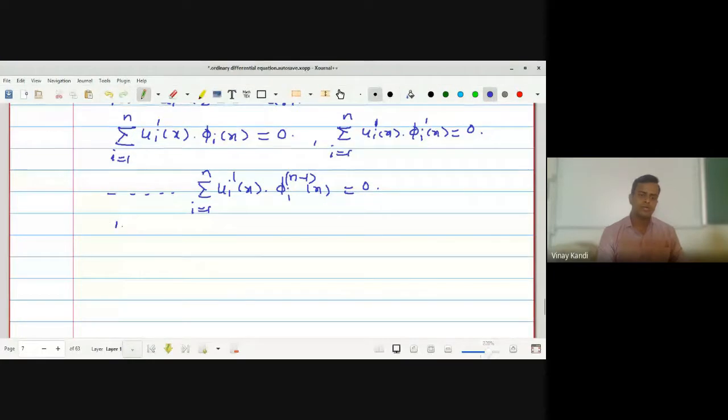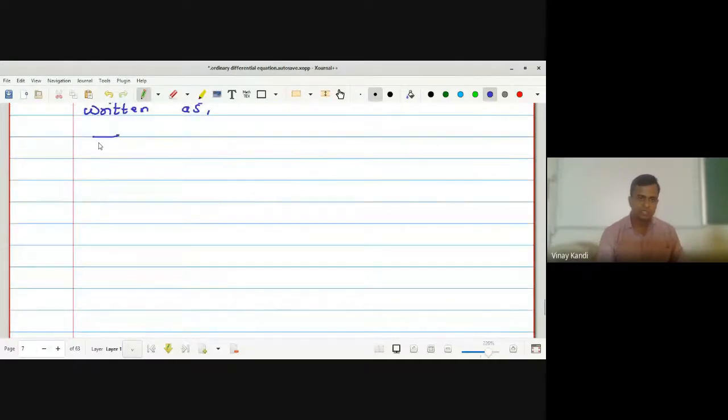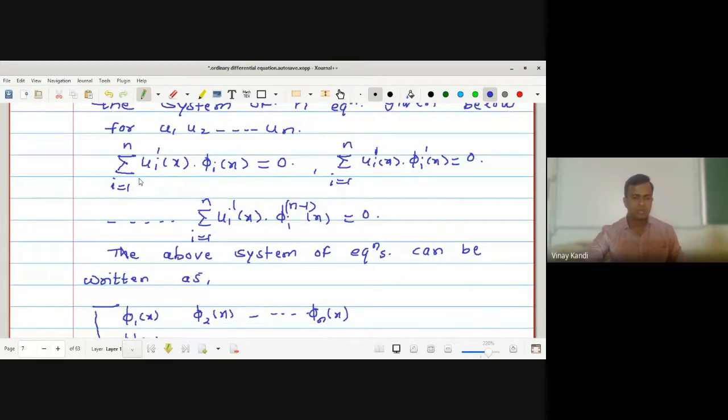Okay, the above system of equations can be written as, now look at here, matrix: phi 1 of x, phi 2 of x up to so on phi n of x. Second equation phi 1 dash of x. Okay, we have to find the values of u1, u2, u3 and all. What will be the coefficients? The coefficient of u1 dash is this phi i. Who are the constants, who are the coefficients here? phi i is the coefficient of ui dash.